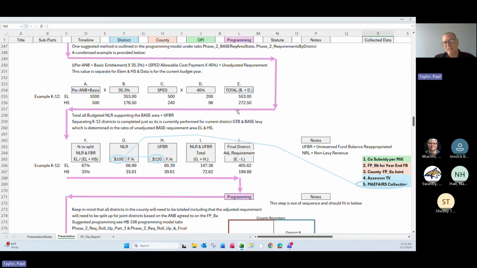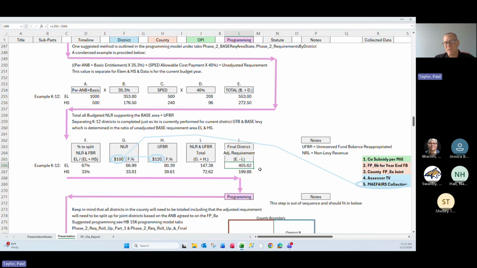Well, I have to take these two numbers and I have to reduce these two numbers by the amount of funding I have available to support this requirement area. So this minus this equals 405.62 in this particular elementary situation, and then the same for high school.